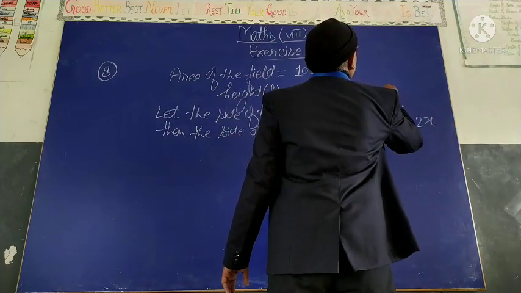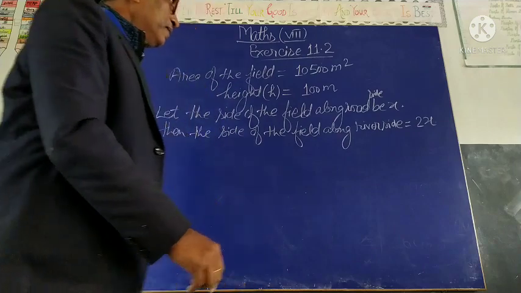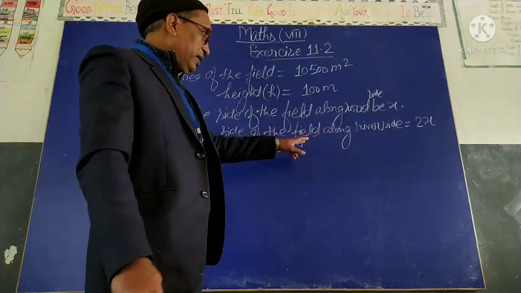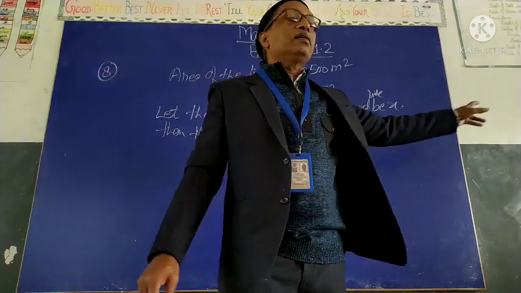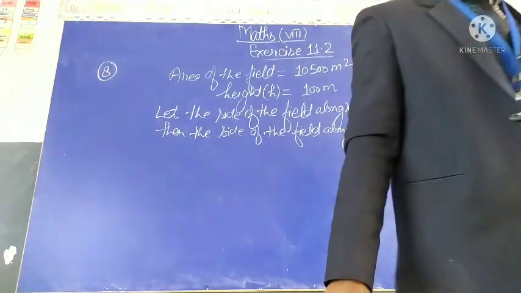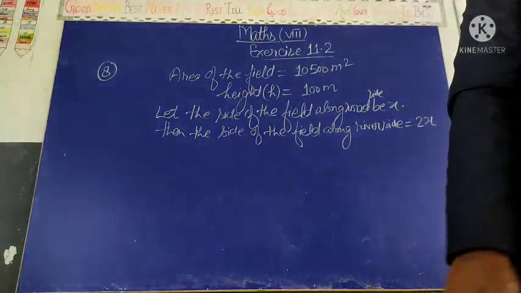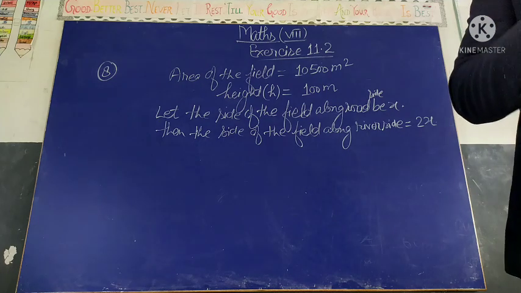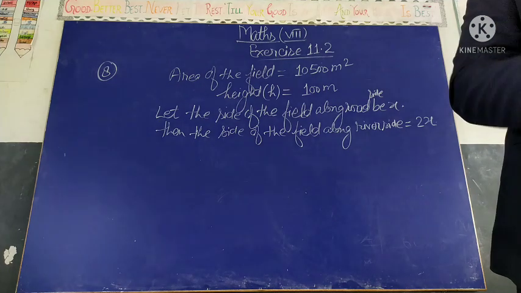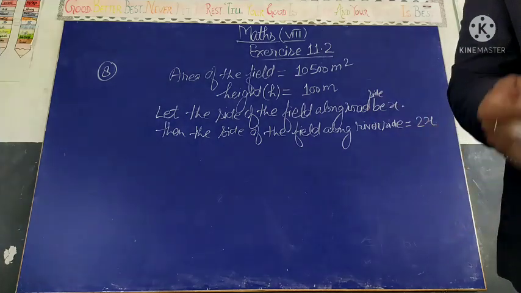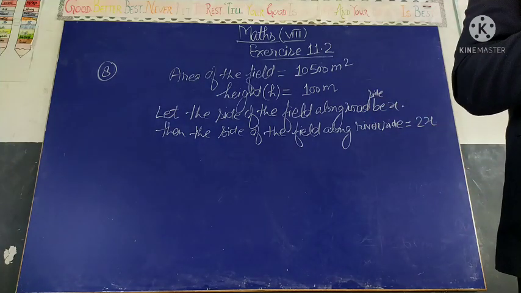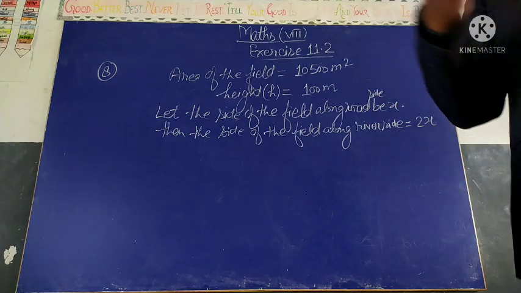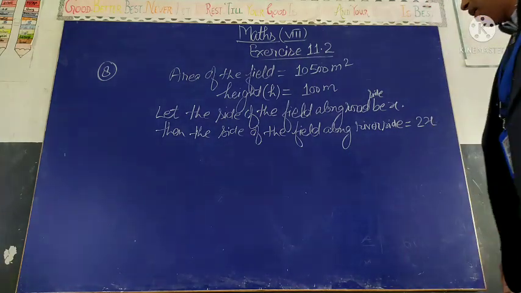Along road side x, and then along the river side is 2x, because here is given the condition, the length of the side of the field along the river is twice the length of the side along the road. Clear?